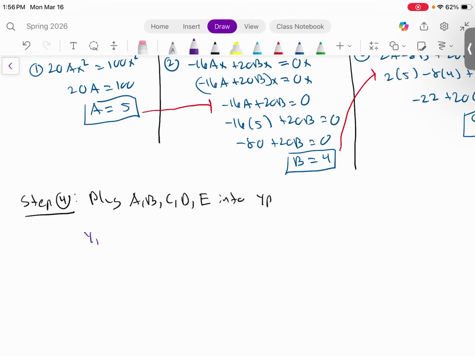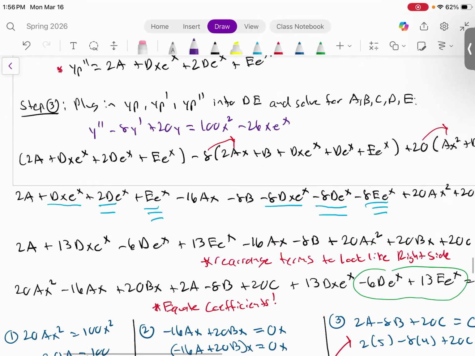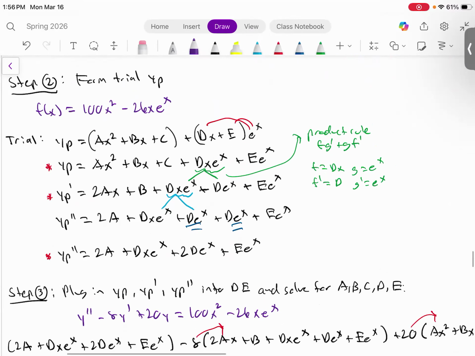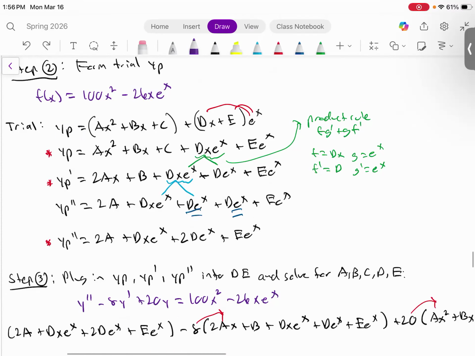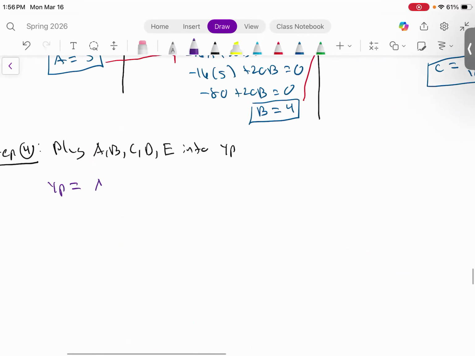So what was our particular solution again? Let's scroll up to see it. I'm going to use the original one right here. It was ax squared plus bx plus c plus parentheses dx plus e times e to the x.